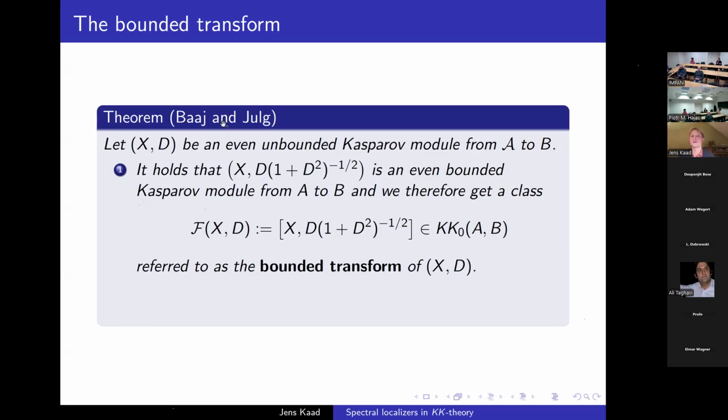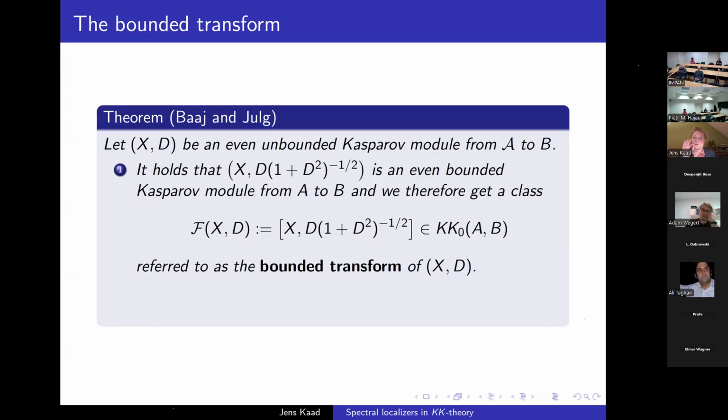And the first part of the theorem says that this pair is then an example of an even bounded Kasparov module from A to B. And for this reason, you get a class inside KK theory of A comma B, because whenever you have an even bounded Kasparov module, you can look at the corresponding equivalence class. This is an element inside KK theory, and this is also called the bounded transform of your unbounded Kasparov module.